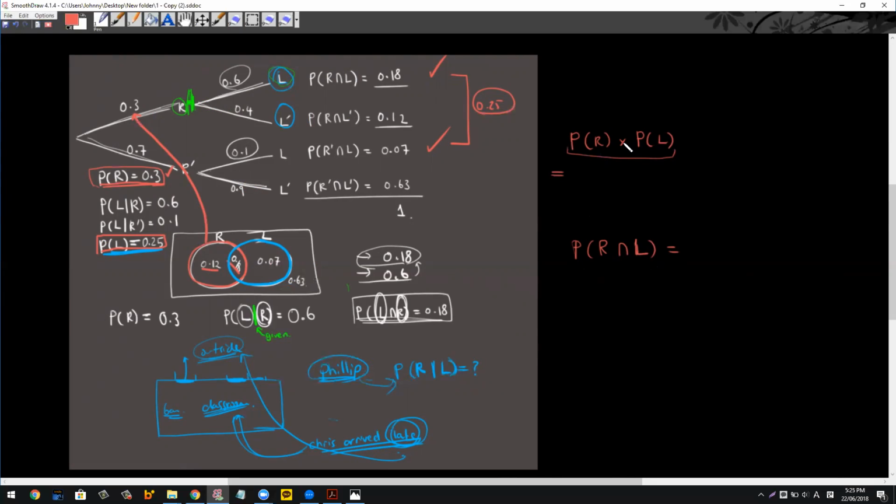So that's equal to 0.075, excellent. Now, I want you to compare this quantity with this quantity. So how much is this quantity here?